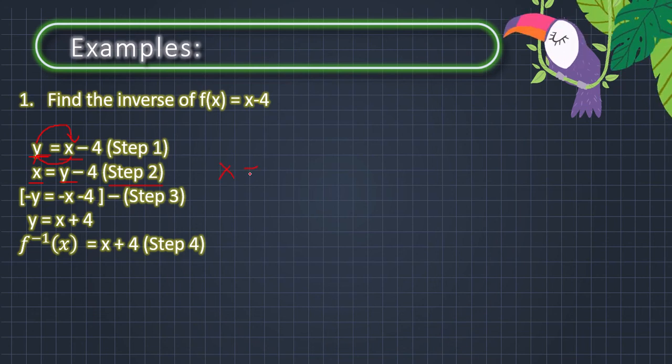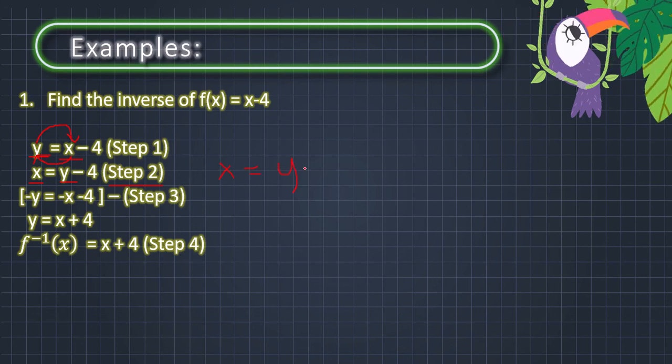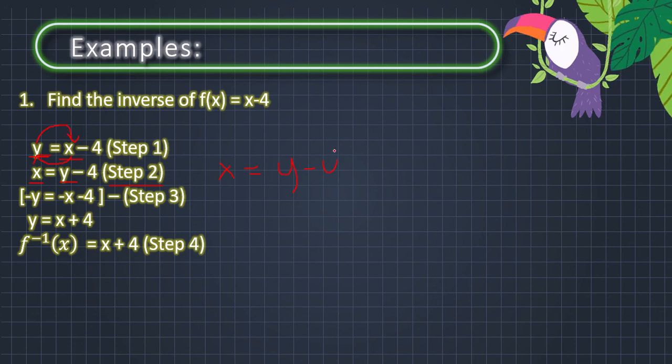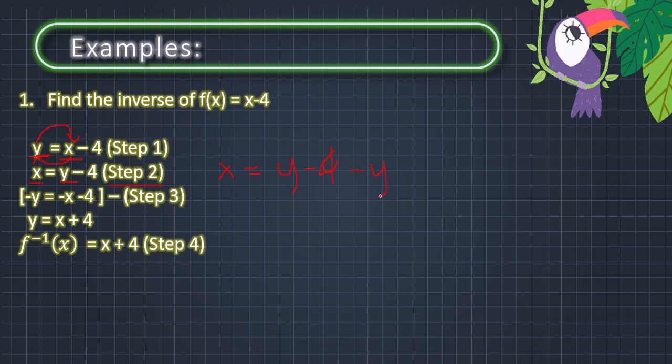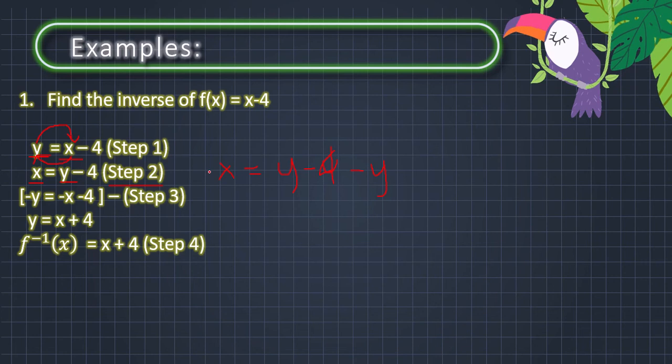When we have x is equal to y minus 4, in order to transfer y to the left, we simply subtract y here, minus y, and minus y on the left side also. We don't have a space, so let me give a space for y. So you have it here, x minus y.